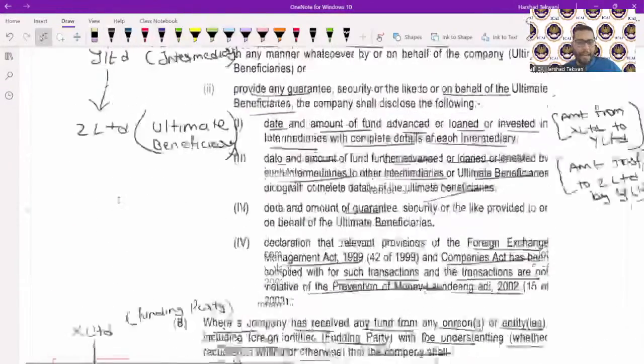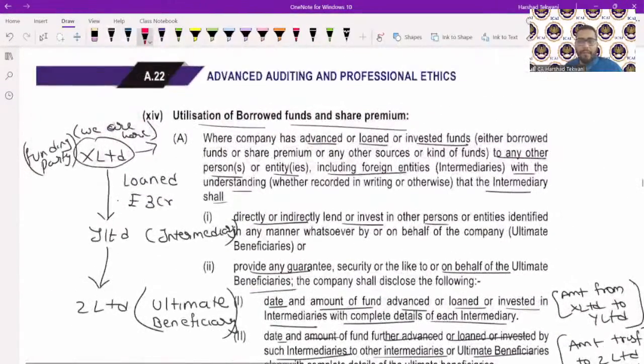We are Y Limited in B clause, and earlier we were X Limited in A clause. Clear?